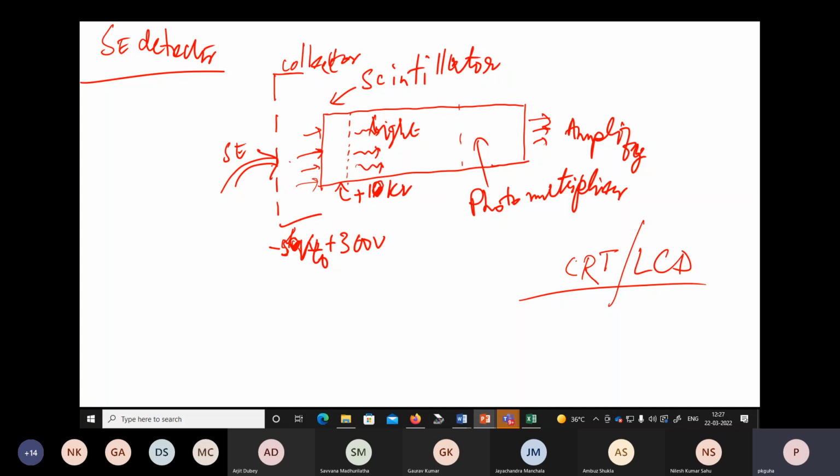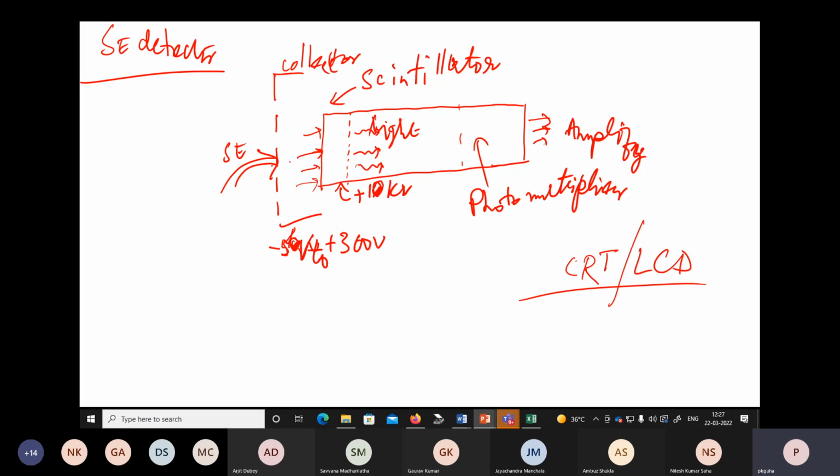Okay, so this is extremely handy equipment, and this is as good as an optical microscope, but you can have images of the order of a few nanometers, as I said already.